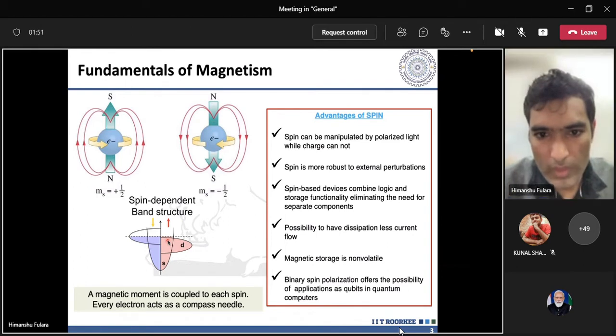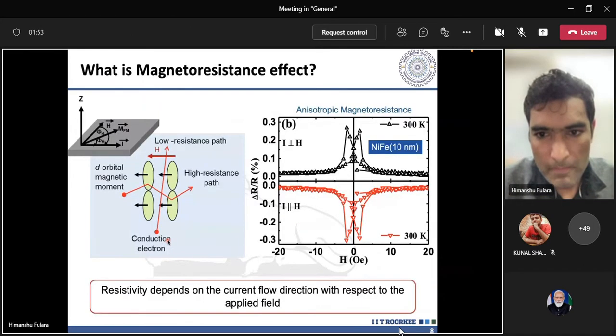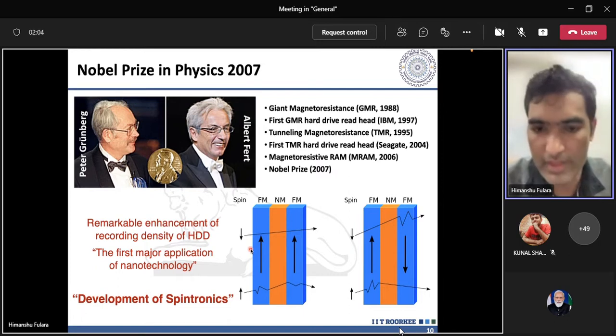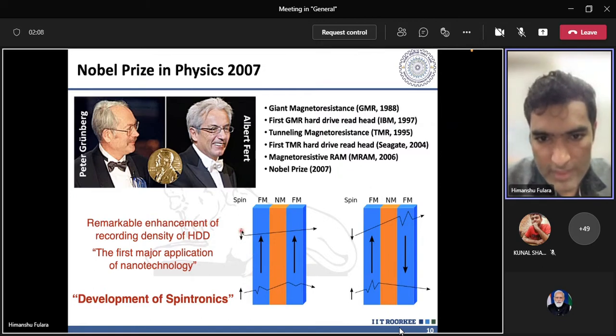So what is happening here is, obviously these spin up and spin down electrons are not in equal numbers for a polarized current case. If there is a polarized current, then they are not in equal numbers. So when this spin down electron passes through this ferromagnetic layer, it shows this.